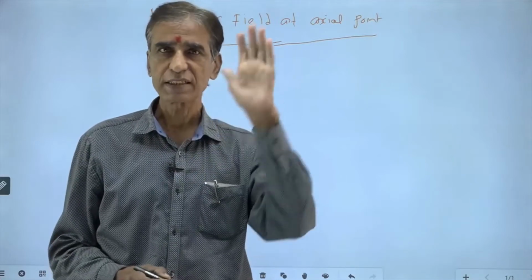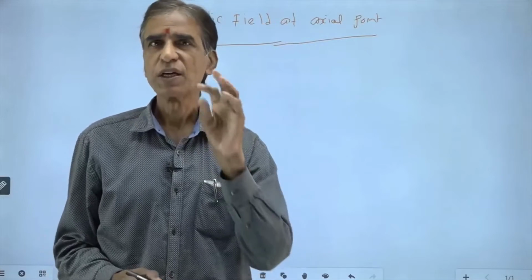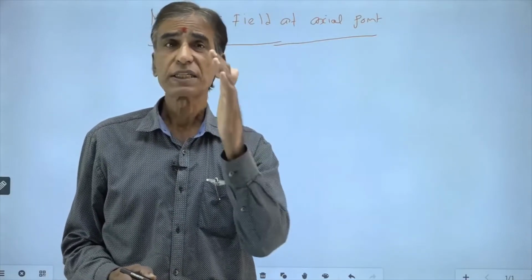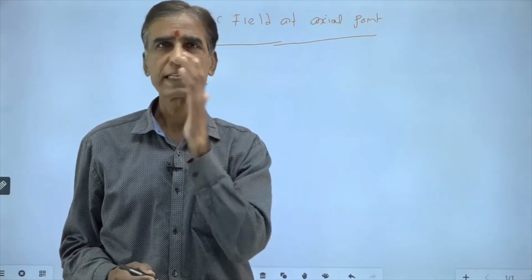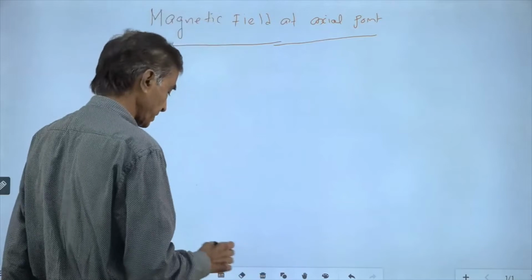Before discussing this axial point magnetic induction, I will tell you in a simple way how to take that angle theta. We are taking sin theta, no? What is the magnitude we have taken due to a current element?